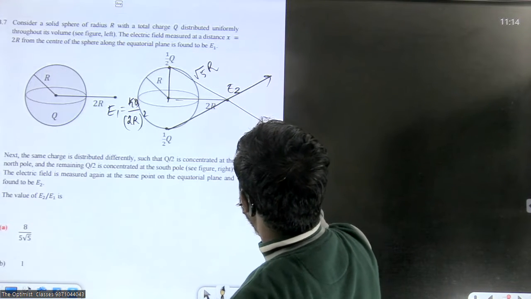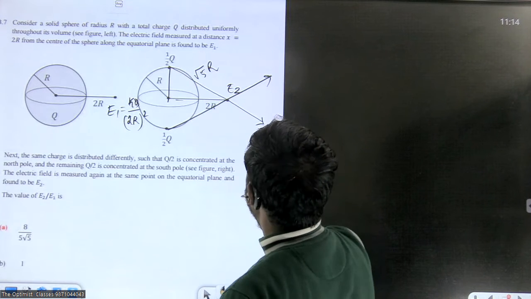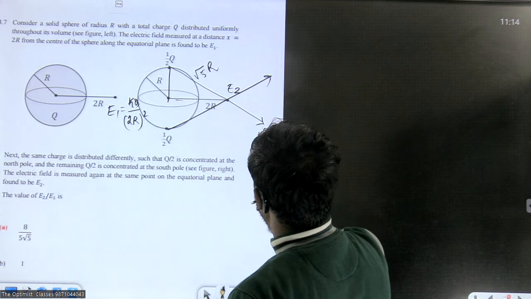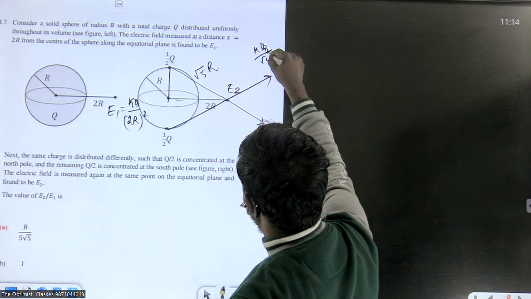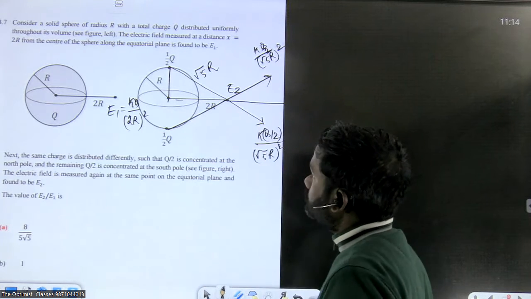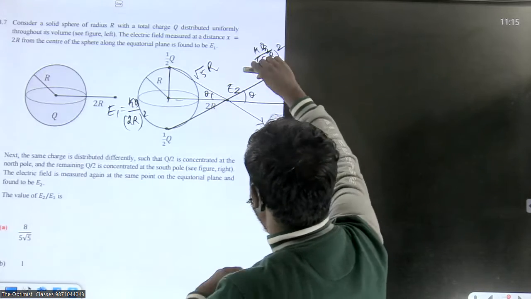So here field will be kq, in place of q we have q by 2, divided by distance square, so (root 5r) whole square. Here also we'll get the same thing, kq by 2 and (root 5r) whole square. Now let's say this angle is theta, so this angle will also be theta. So we'll take its cos component.